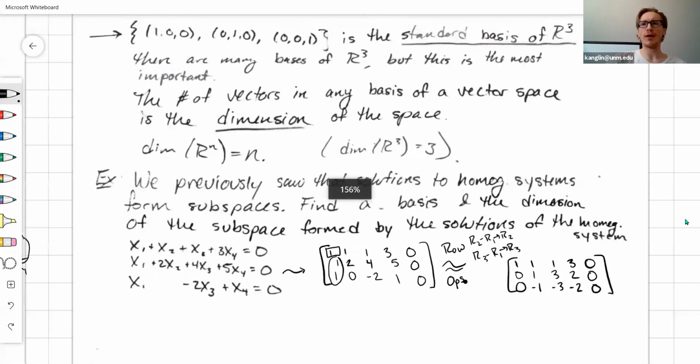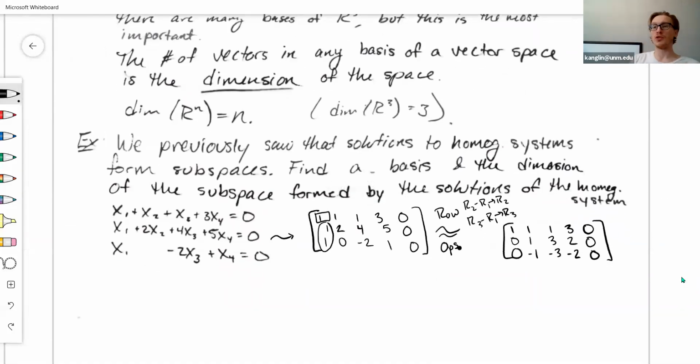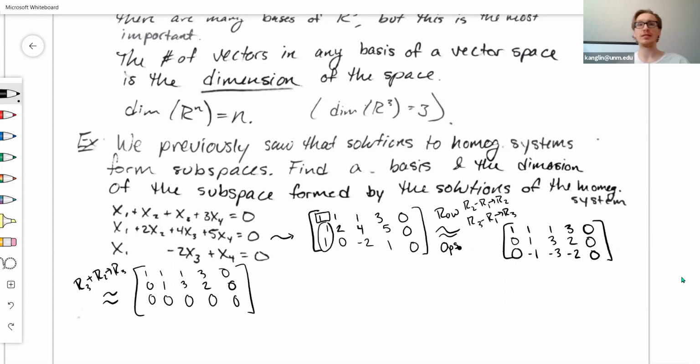And so check out what happens. I can actually go ahead and, since the third row is just a multiple of the second row, this is going to be very easy to obliterate that third row. I'm going to do row 3 plus row 2 back into row 3. That leaves me a row of zeros, which shows we have a dependent system here.